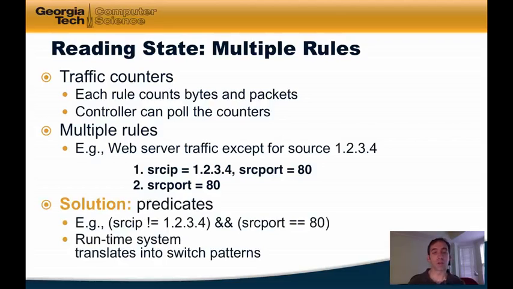The solution to this problem is to introduce predicates. For example, we can introduce a predicate that refers to flows for which the source IP address is not 1234 and the source port is 80. Of course, we need a runtime system that also translates these predicates into the appropriate switch patterns and flow table entries.